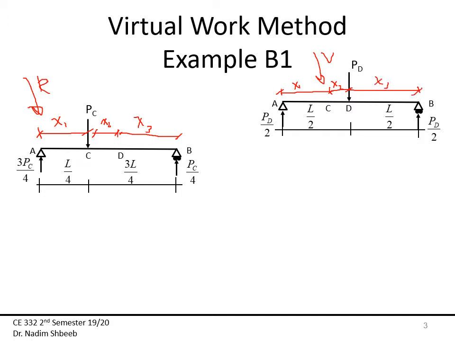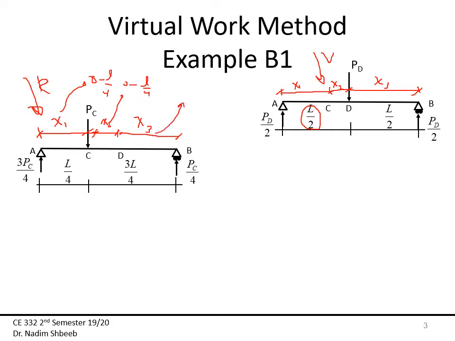As you notice, the limits of X1 are from 0 to L over 4. And since this is L over 2, then L over 2 minus L over 4, so this also will be from 0 to L over 4.